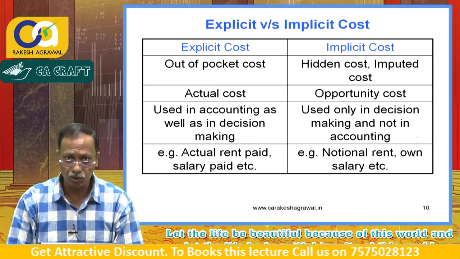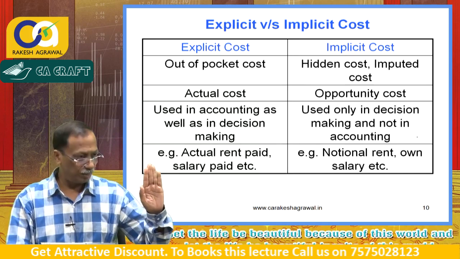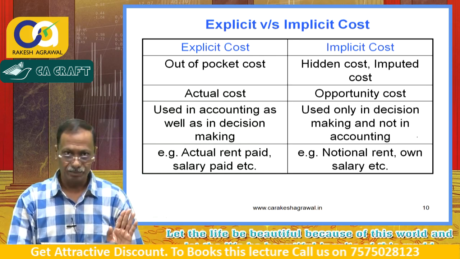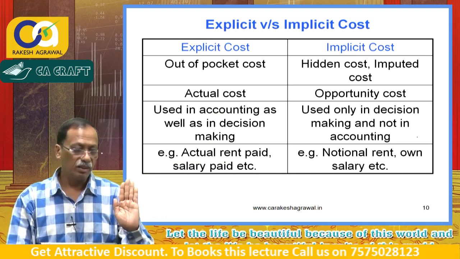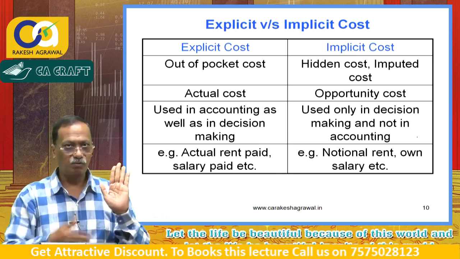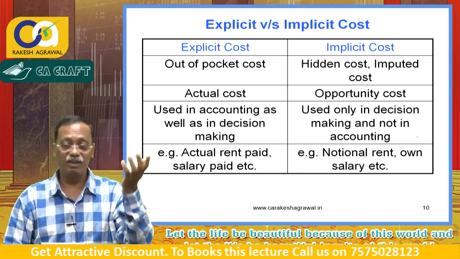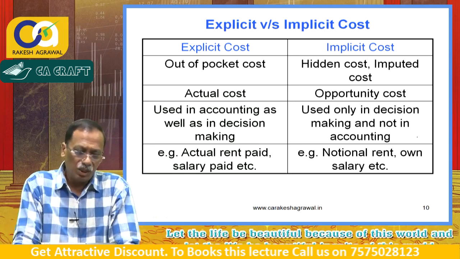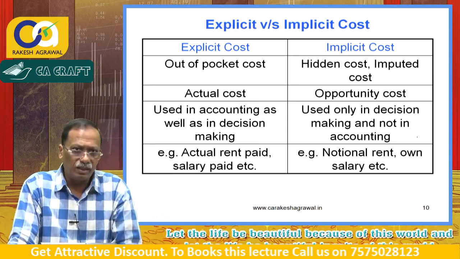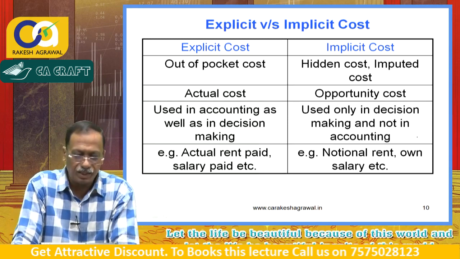I showed that P&L account to one of my friends who is also a CA. I told him that, see, in 1 year of operation, I have earned a profit of rupees 10 lakh. Don't you think I am doing very well? He said, yes, you are doing very well, but you have not debited rent. I said, because I am not paying rent, it is owned premises, so I don't have to pay rent. He said, okay.